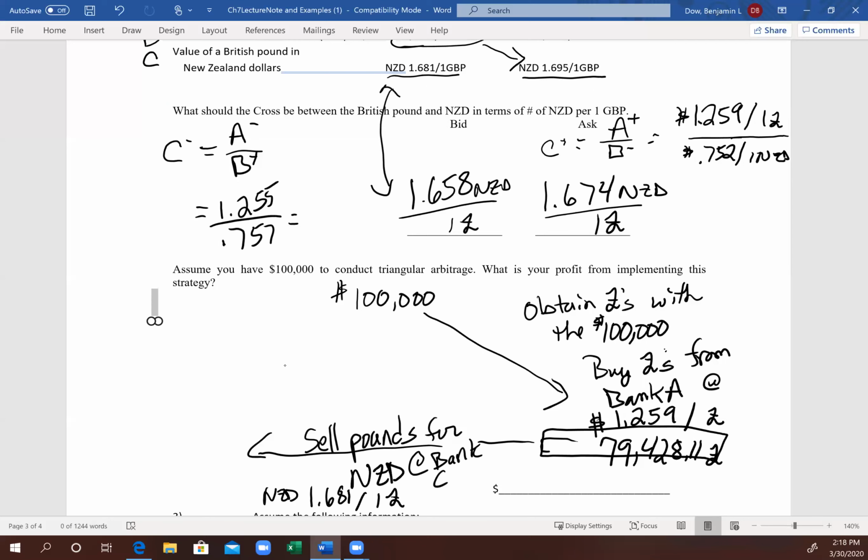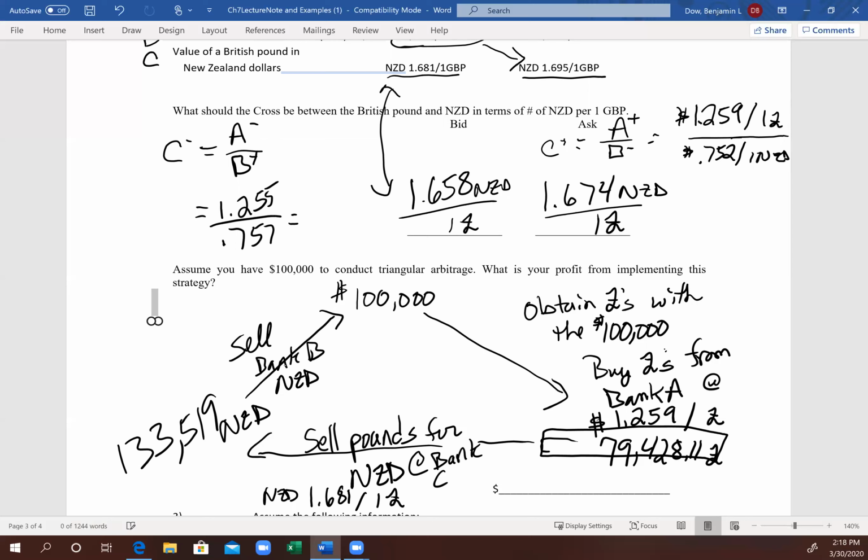So if we take those pounds and multiply by 1.681 New Zealand dollars, we'll end up with 133,519 New Zealand dollars.